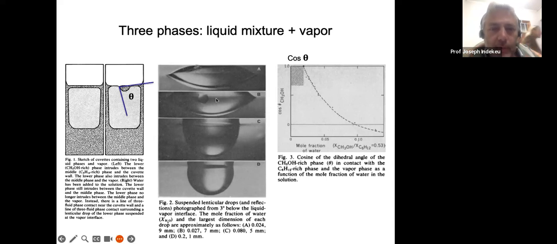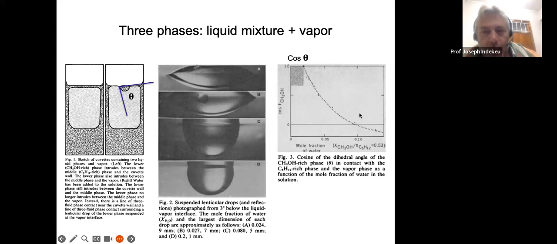And there are several photographs here in the center that elucidate the change of contact angle as we change the composition of the mixture, namely as we change the water concentration in the mixture. And the picture here on the right shows the cosine of this contact angle theta as a function of water concentration.